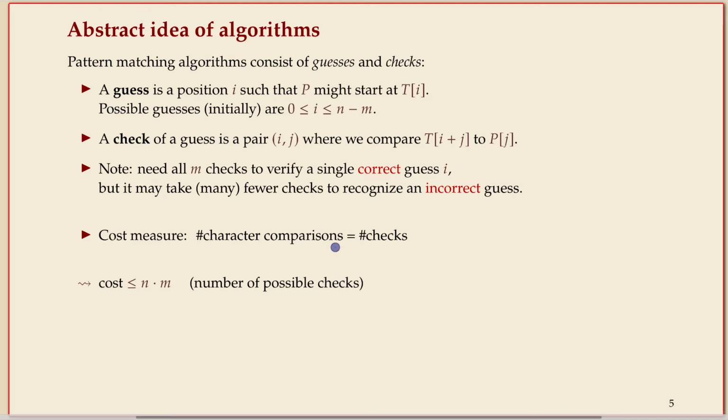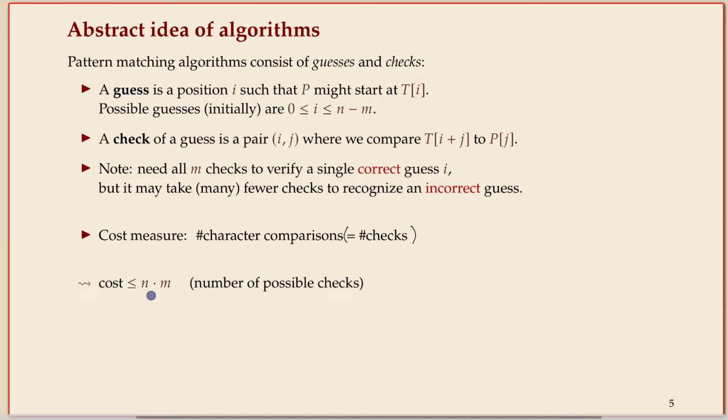We'll later allow some pre-processing, so we'll also compare characters in the pattern with each other, which strictly speaking is not a check according to that definition. But I will still want to count them as character comparisons. So this equality is fine for the first section, but maybe it should be taken with a grain of salt for later.